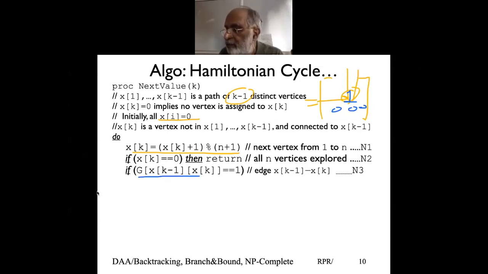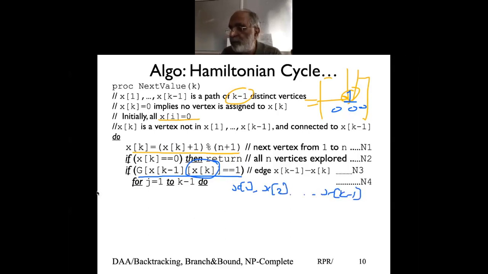If there is no such edge, there is no point choosing k because we can't even proceed. Then check: is this xk vertex we have chosen among those chosen so far, 1 to k minus 1? Make sure it is neither x1 nor x2 nor xk minus 1, because if it is any of them, we need to look at the next vertex.